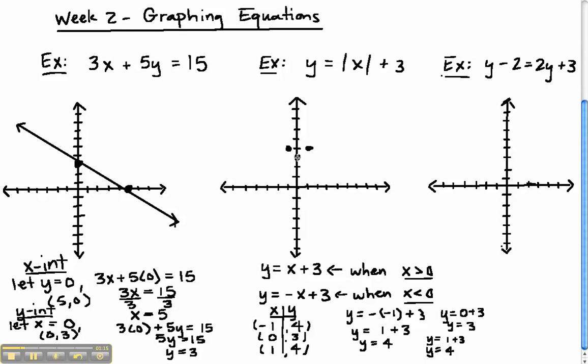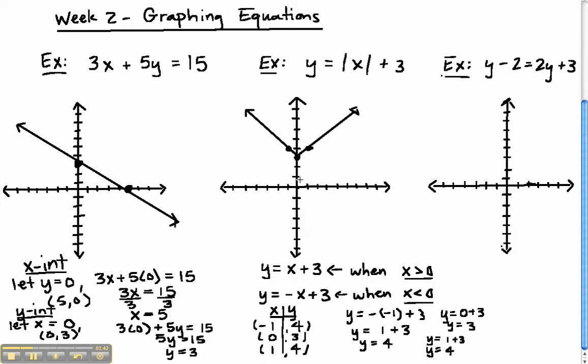Okay, and then we can connect the dots. When we connect the dots, we see that it makes this V shape. Okay, and that's our graph for the absolute value equation. And anytime you have an absolute value equation, it will look like this V shape.